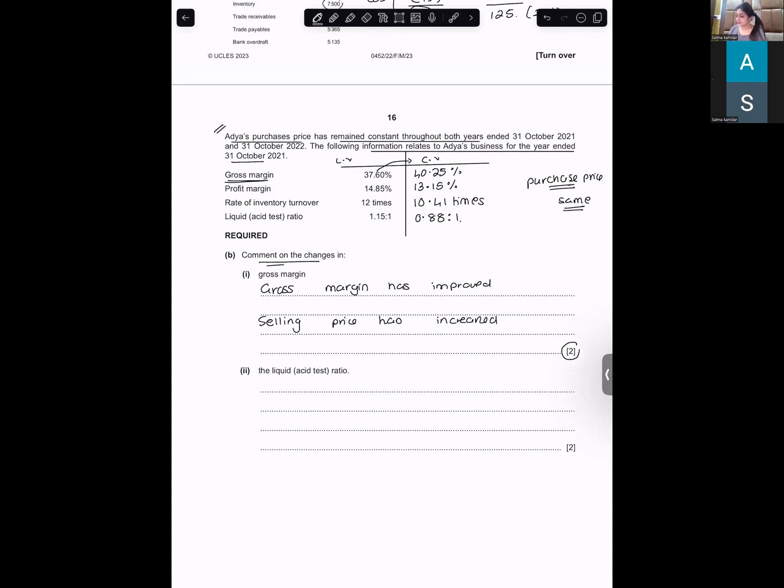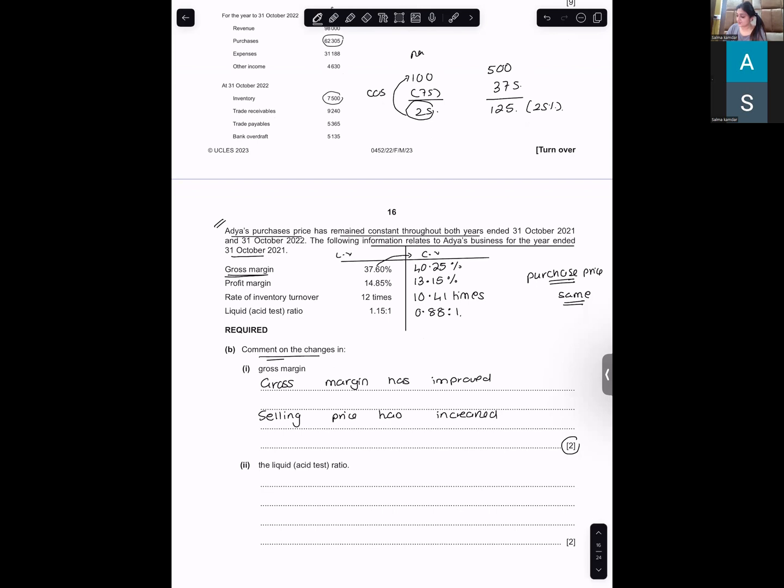Let's do a check over here. If my selling price instead of 100 is 150, and the purchase price is the same, my gross profit would become how much? It will become more, 75.